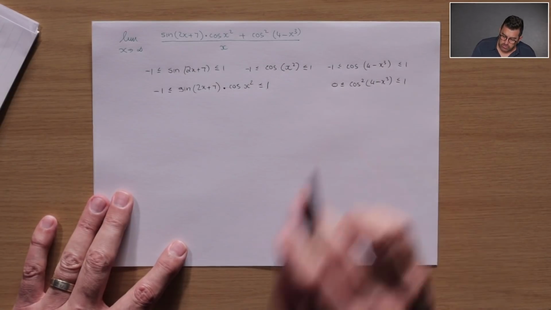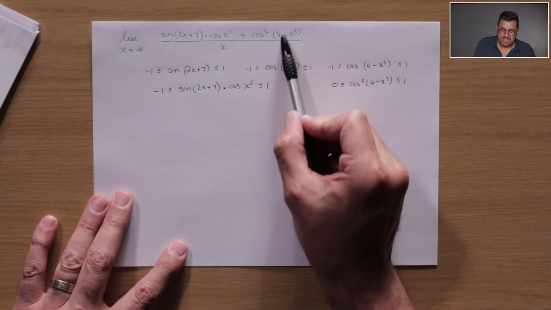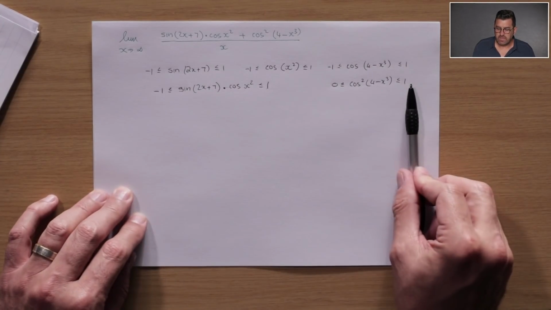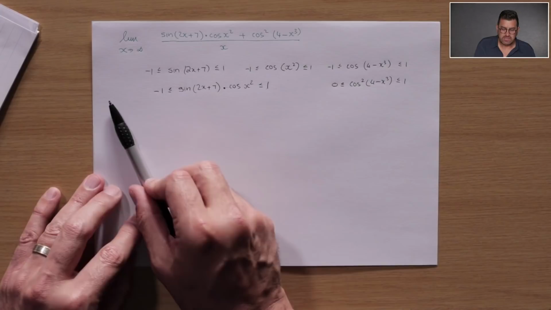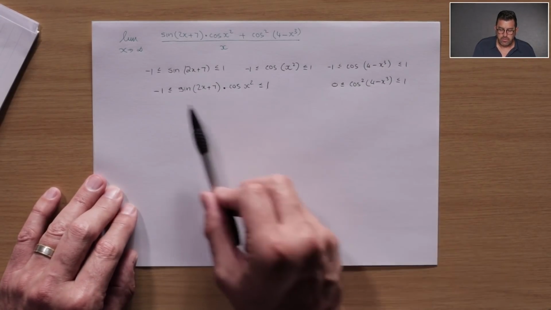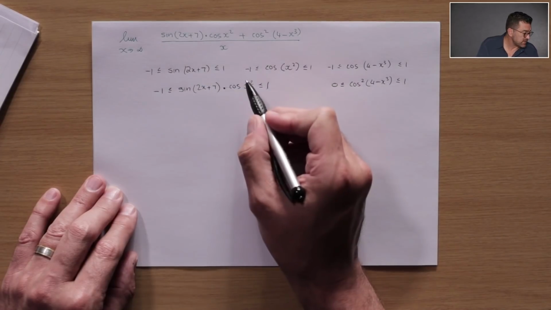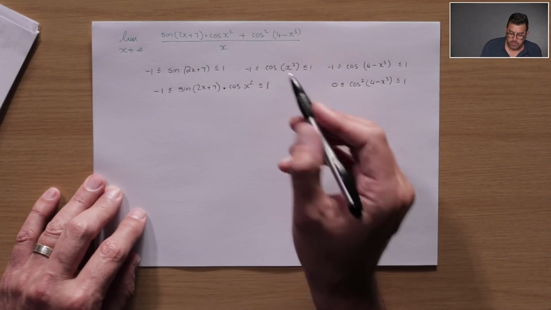Now, what am I going to do with that? I'm going to add it to this product. Now, it's a positive number, okay? So I can simply add it throughout without having to change signs on the sides. So that's my next one.